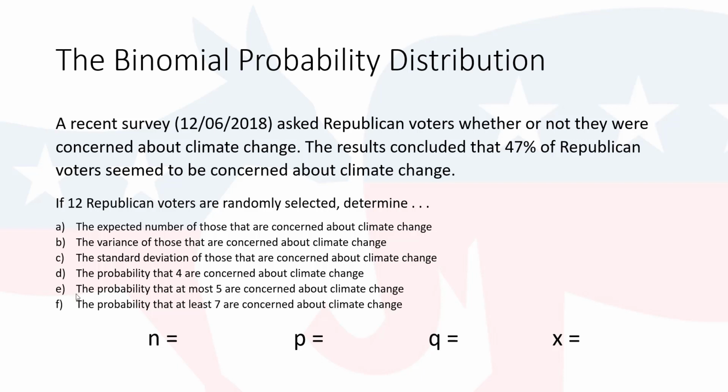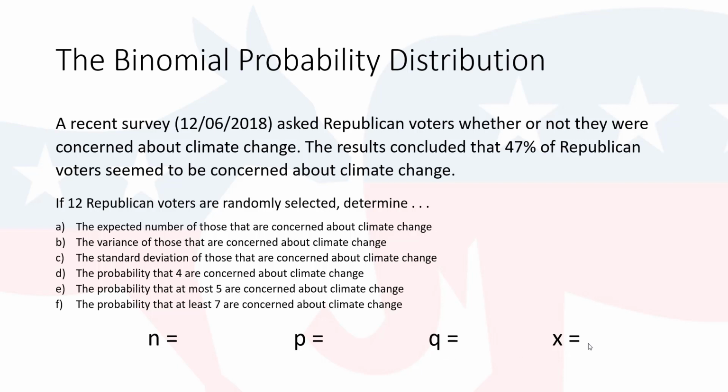Let's take a look at part E. The probability that at most 5 are concerned about climate change. What that means is n is still 12 for this particular problem. p is still 0.47. q will still be 0.53.